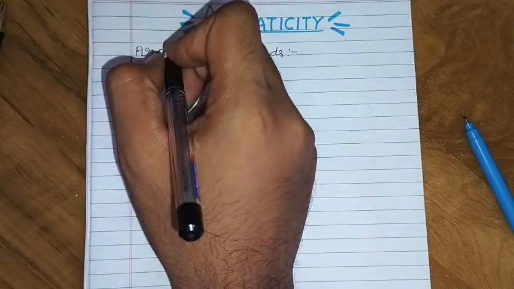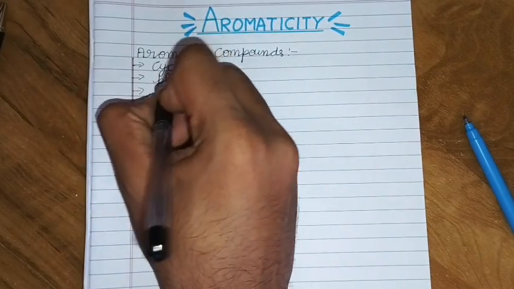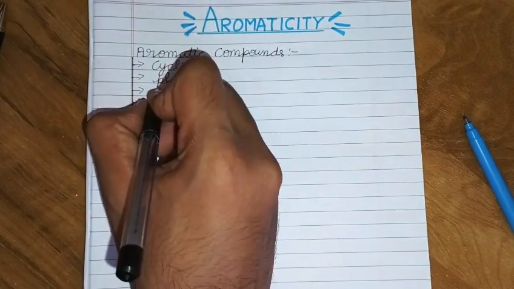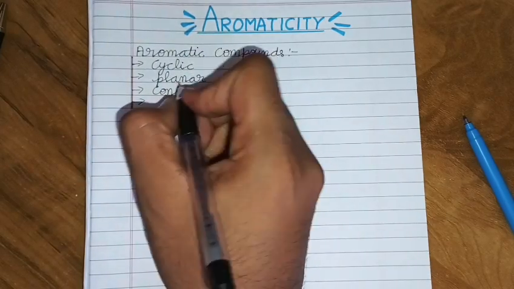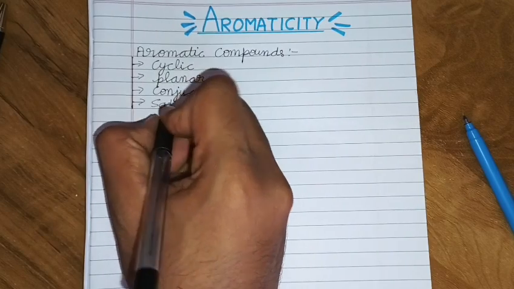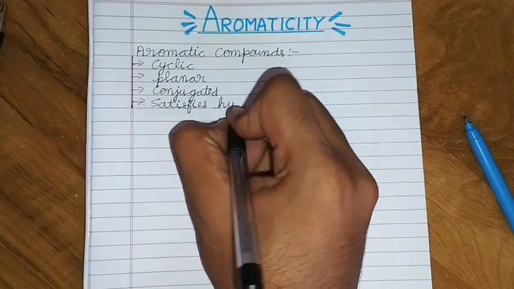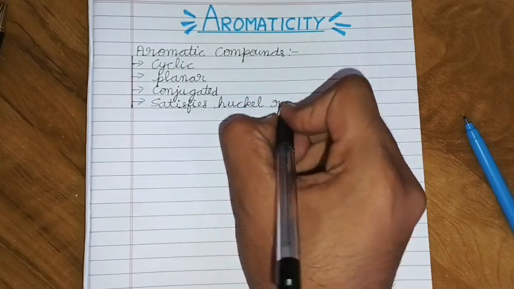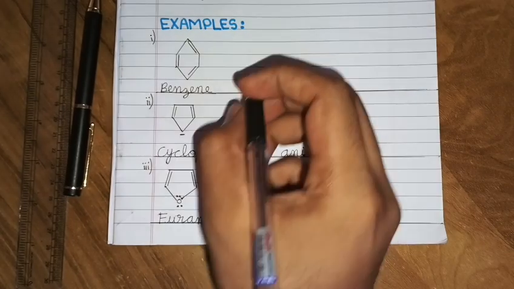Okay, so the four criteria are cyclic, planar, conjugated, and satisfies Huckel rule. This is the main rule here. So these are the criteria, and next coming to the examples.